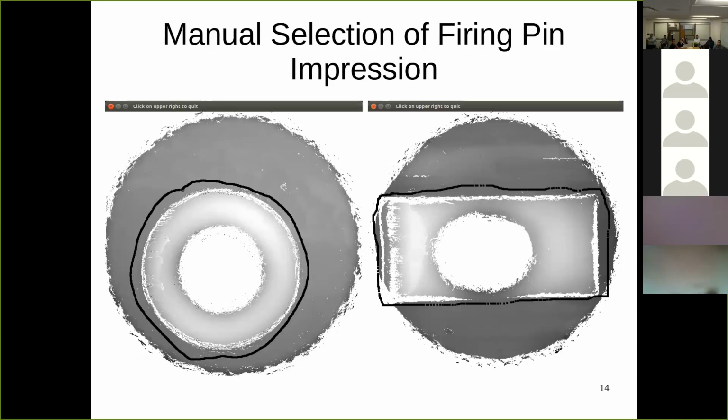If it's circular, you try and draw a circle. If it's rectangular, you draw a rectangle, and it cuts out everything inside the region that you've marked out. Of course, this is not ideal because it's subjective for one, and it's also not replicable. So we'll be working on getting an automatic method working.